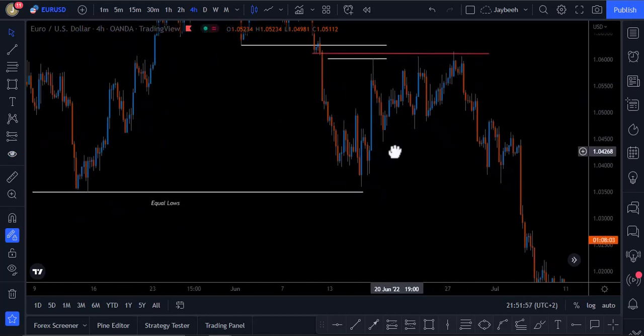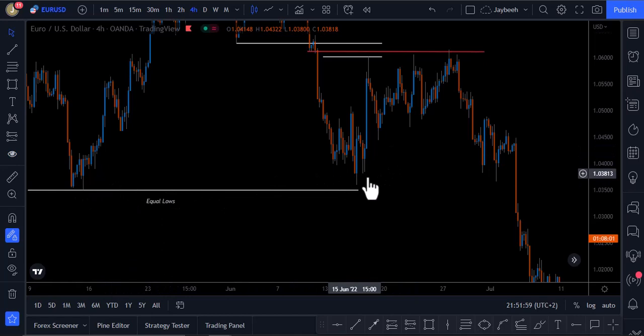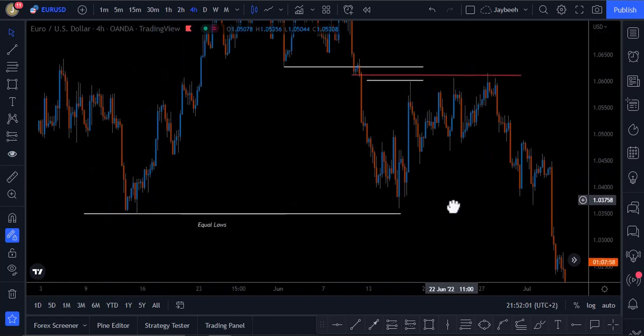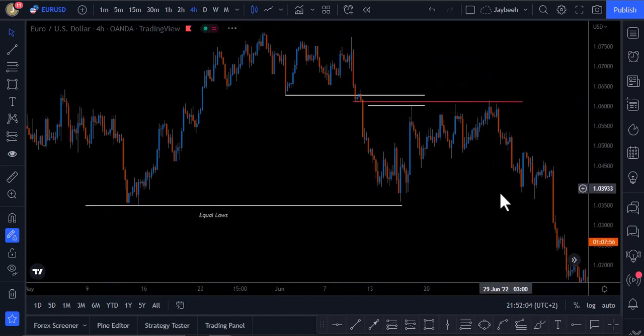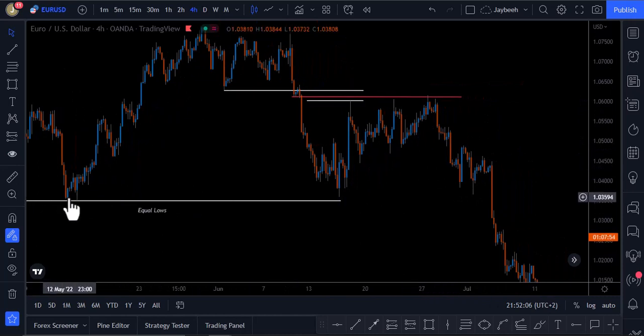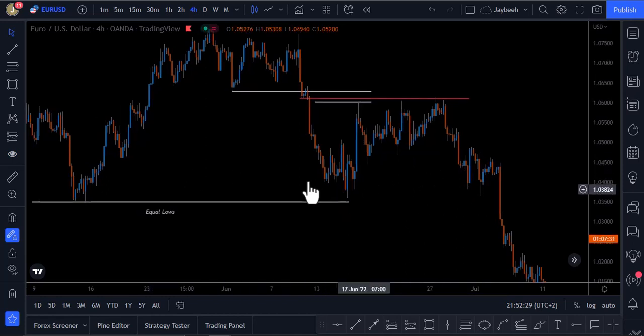But look at this one, as I was talking about equal lows here. On these equal lows, we have this low and this low, and this was confirmed as maybe a dead low. I was willing to explain a little bit about technical traders' mindsets.